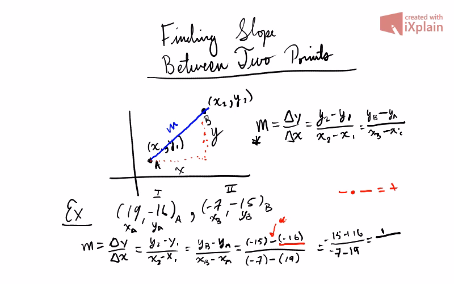And negative 7 minus 19 is negative 26. So this is the overall slope of these 2 points right here. So this implies M equals negative 1 over 26, which is this box right here, for those of you who can't see it because it's cut by the projector screen.